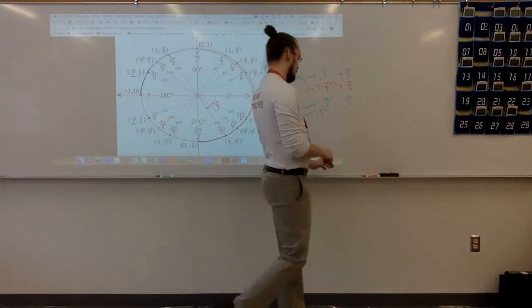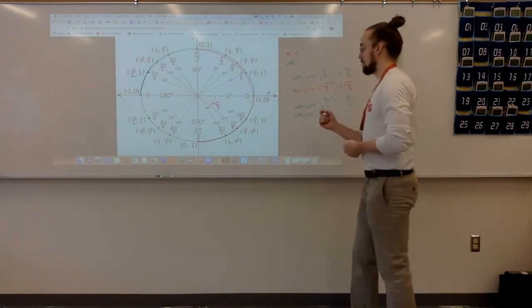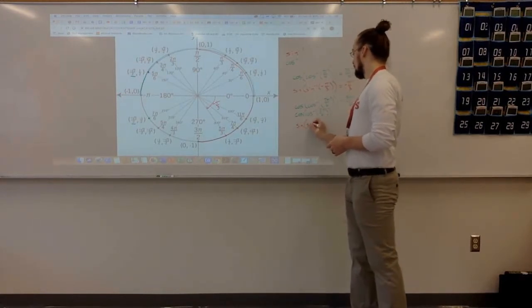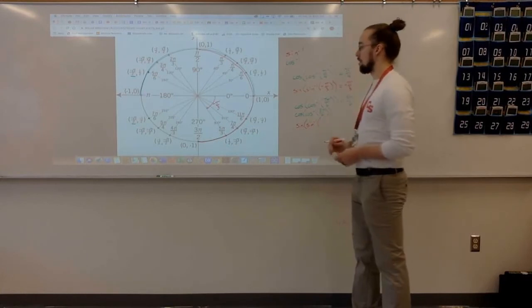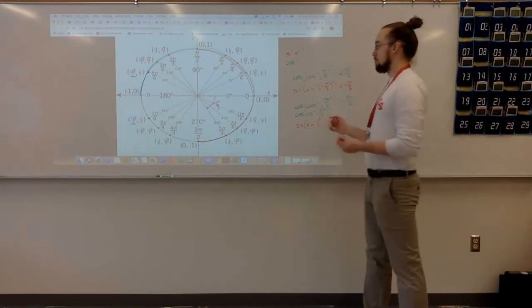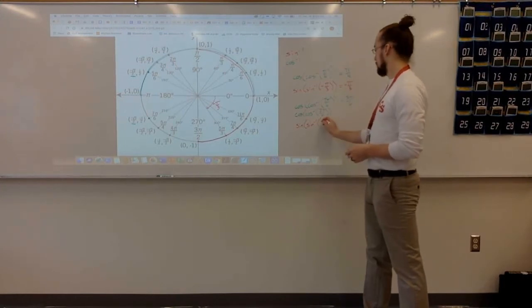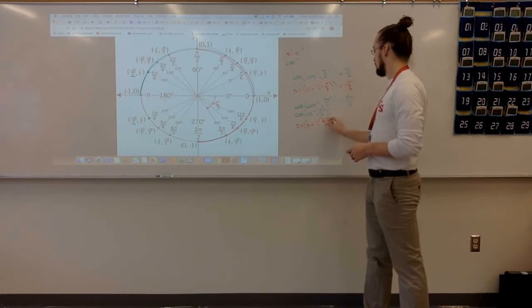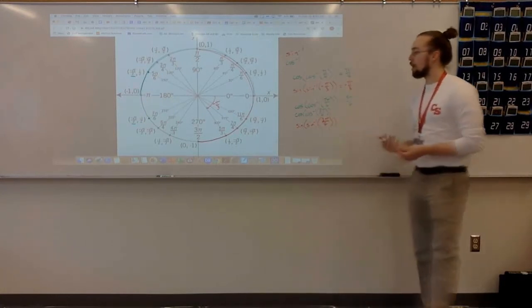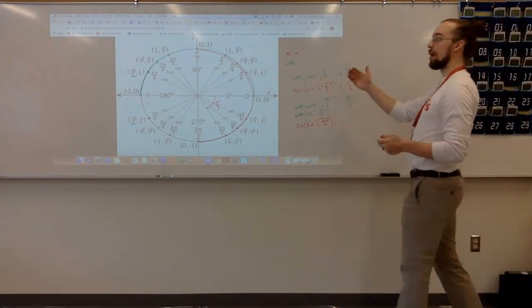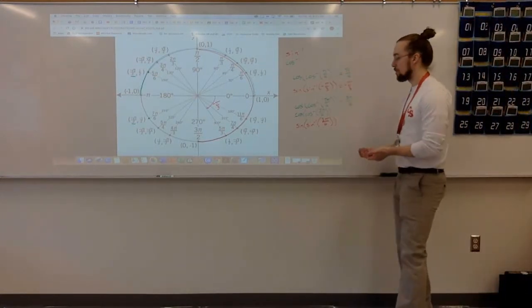Similarly, for sine, if I ask for the sine of the inverse sine of 3 pi over 4, well, 3 pi over 4 is not within my negative pi over 2 to pi over 2 range.